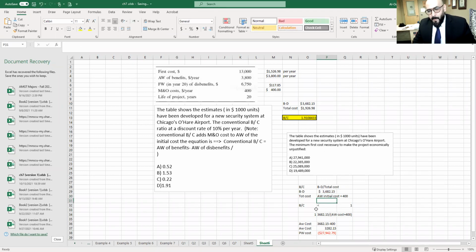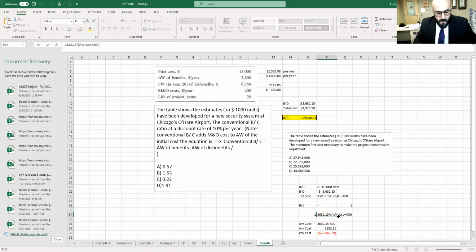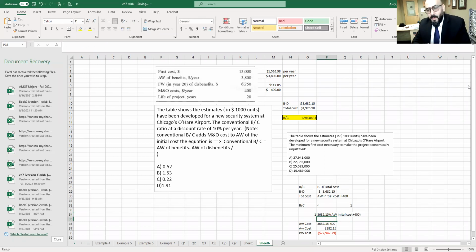Now what's the goal? The goal is to make the BC ratio less than 1. To simplify things, let's set the BC equal to 1 and find the initial cost. So we build the equation: BC is equal to the benefit minus the disbenefit divided by the total cost. So 1 is equal to 3,682 divided by the annual worth of the initial cost plus the 400.